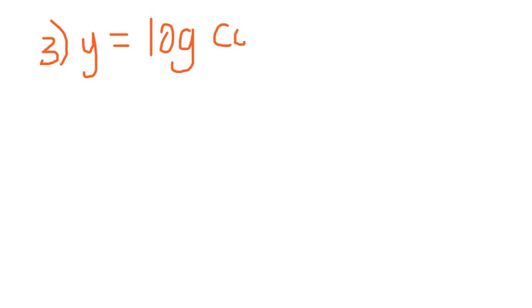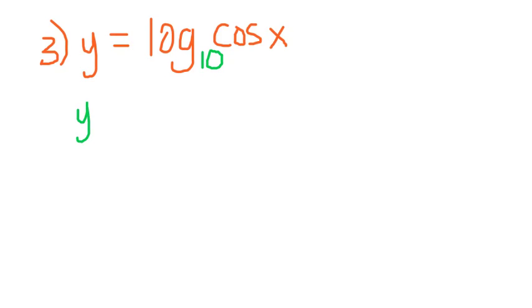All right, for the third example, we have y equals log of cosine of x. Now remember, when you have just log, the implied base here is 10, so you can write that in. So now this is going to follow that fourth derivative rule that I had given you with the chain rule.